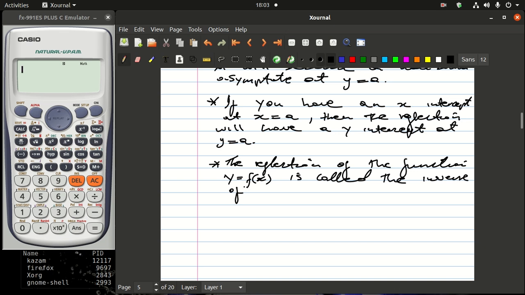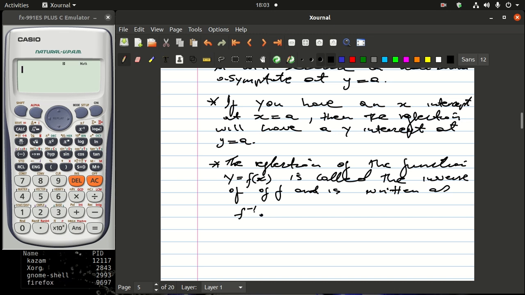The reflection of the function f of x is called the inverse of f, and it is written as f with a little minus one there. That's the inverse of the function f.